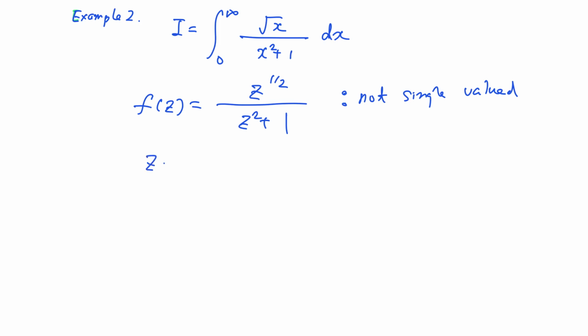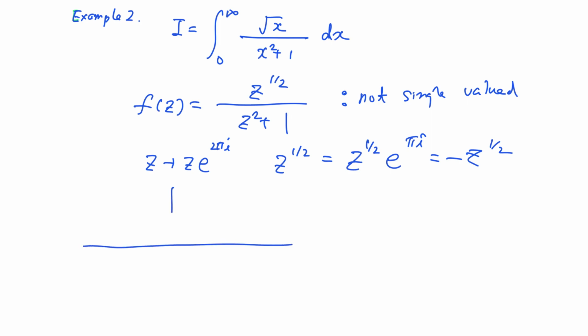When z becomes z exponential 2 pi i, what happens? z to the half becomes z to the half times exponential pi i, which is minus z to the 1/2, right? So we have to be really careful in choosing the contour. So we need the branch cut.